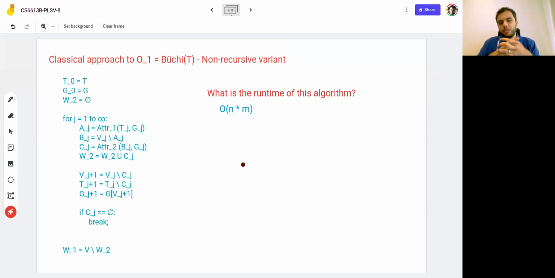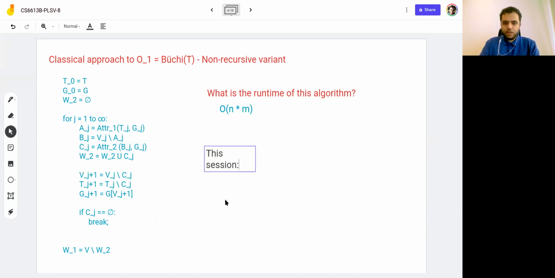Well, because this is a directed graph, the number of edges can actually be the square of the number of vertices. So order n times m is, in a sense, order n cubed in the worst case, right? So what we're going to do in this session is to try to find an algorithm that is order n squared. So improve the worst case running time by a factor of n.